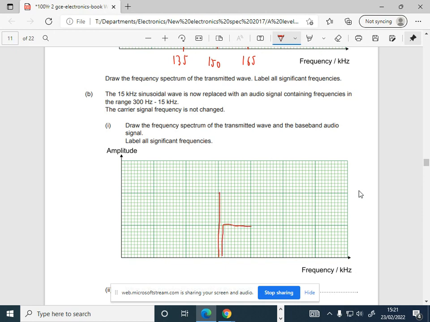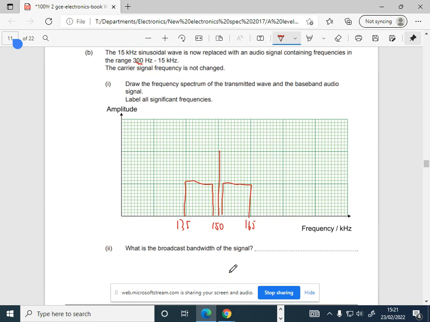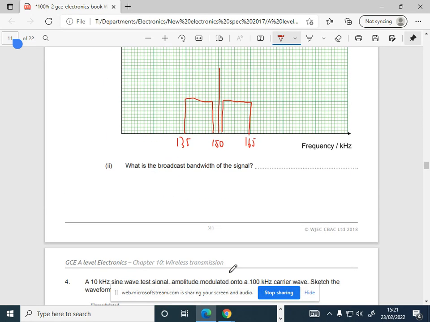Let's do a little box either side like that. Again, 150 in the middle, 165, 135. I hope that makes sense. You don't need to label 0.3 kilohertz away from there, or 0.3 kilohertz away from there. You don't need to do that. Broadcast bandwidth is the total again, so 30 kilohertz.